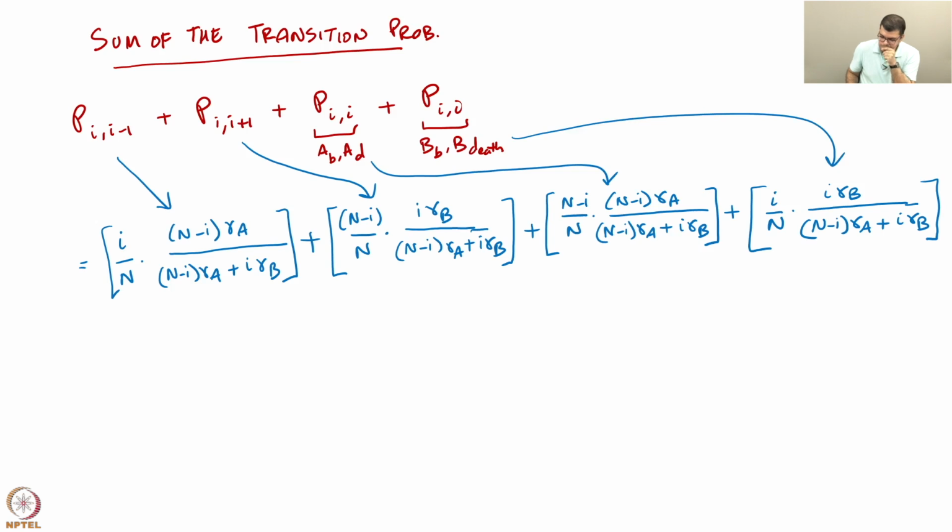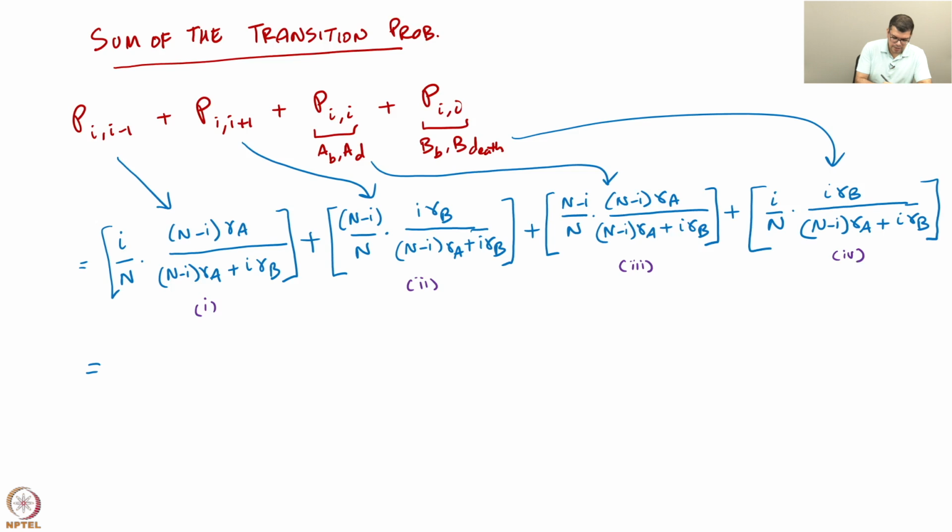So how do we look at this? If we see this, then what we are going to do is identify these terms as term 1, term 2, term 3 and term 4.